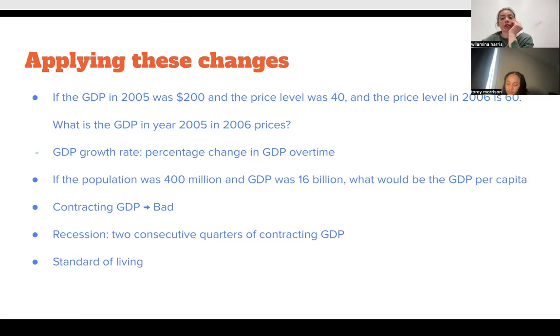The $200 is how much the money was worth, or how much profit they made. By 2006, we calculated the growth rate, which was 50%, and 50% of 200 is 100. So you add 100 and 200, that gives you 300, the real GDP. So 300 would be the real GDP, and 200 would be the nominal GDP. Okay, makes sense. And then down there is for population. Standard of living is best correlated with real GDP per capita.